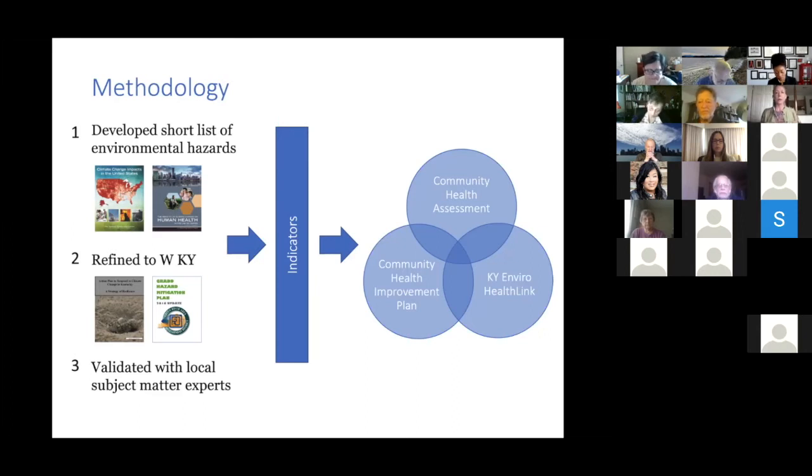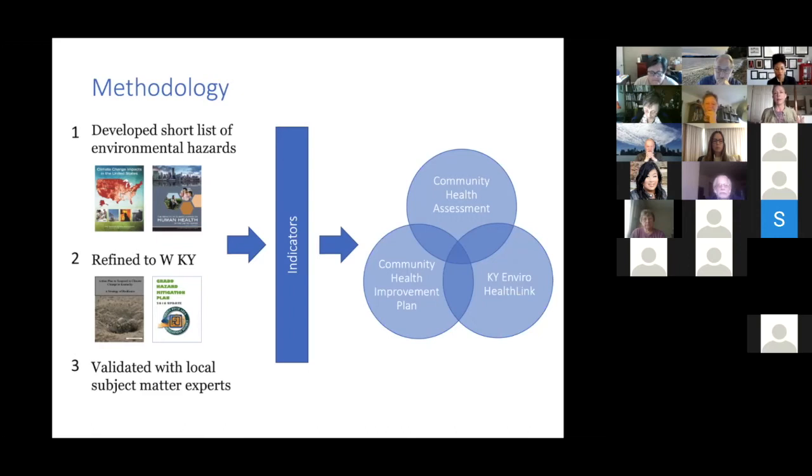And then because we were working with the health department, we were able to make connections with the state health department, with the University of Kentucky, with the state meteorologist, and with other local experts who were able to both give us data that was not publicly available and also validate our conclusions after having looked at the more publicly available research. We used all of that information to develop metrics, and in public health, we call them indicators.